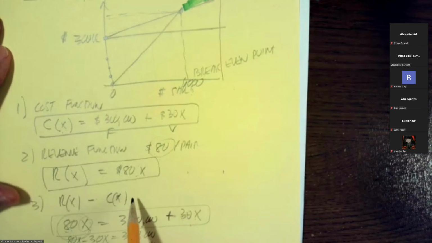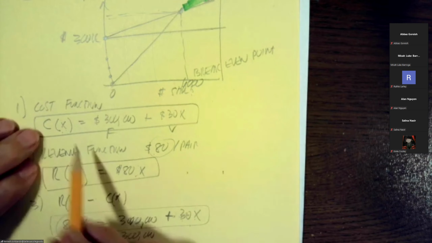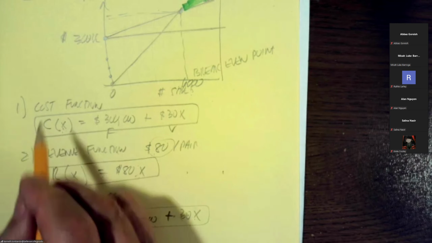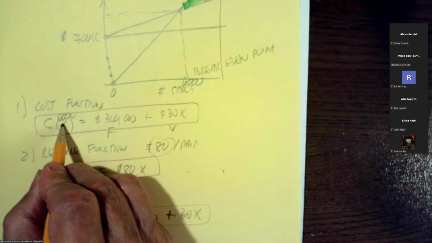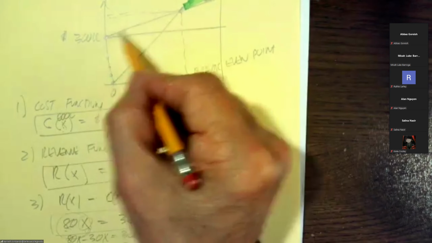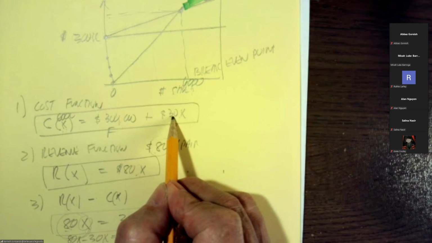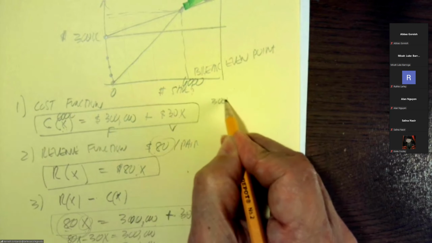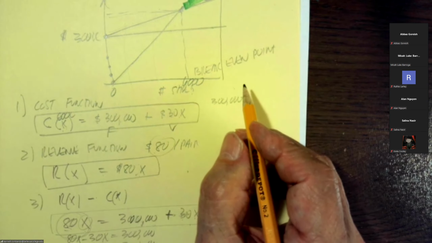So if we plug in 6,000 for our cost function here, the cost function at 6,000 shoes, which is going to be this line here, is 300,000 plus 6,000 times 30.